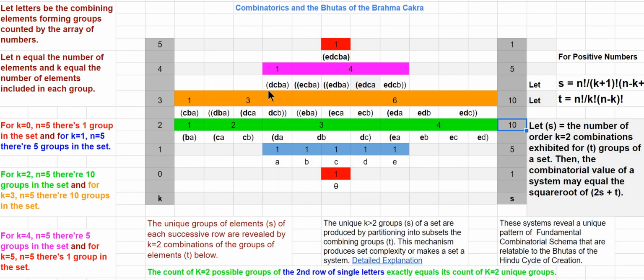So we have 1, and again, since we only have 1, we cannot combine it with another to produce an order k equal 5 group. And then since the 4 is partitioned into 1 and 3, this 1 also doesn't have another element to combine with to produce an order k equal 5 grouping.